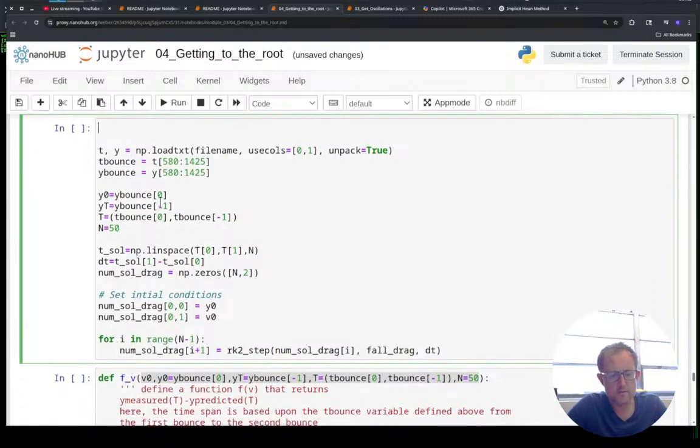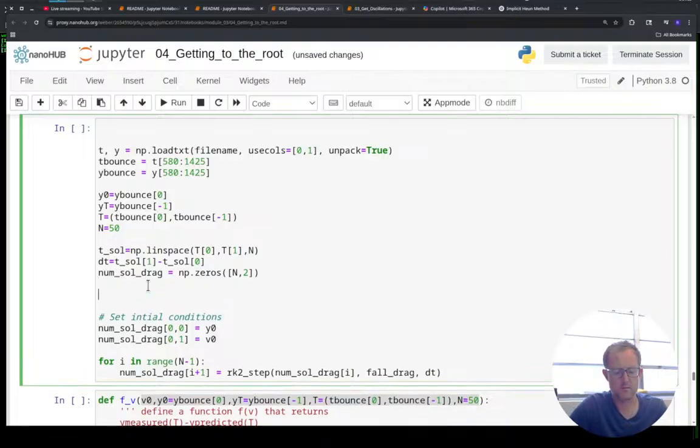Okay, so T bounce and Y bounce, that's real data from this high resolution bouncing tennis ball data set.